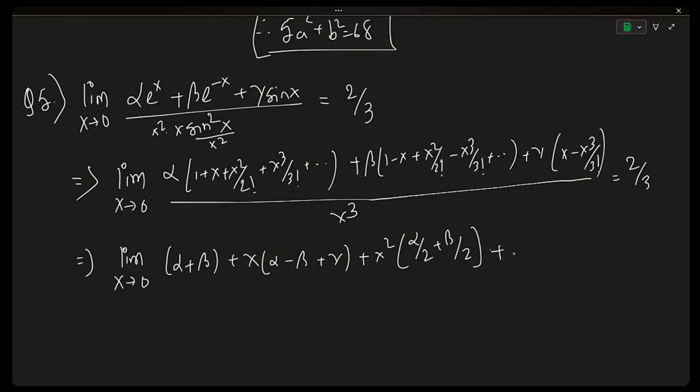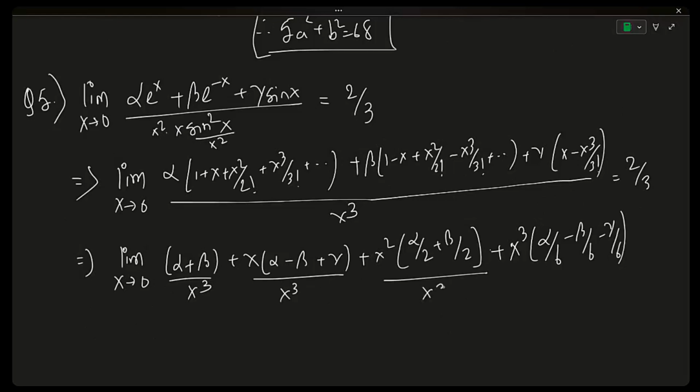And for x cube, we have alpha by 6 minus beta by 6 minus gamma by 6. This is equal to 2 by 3.